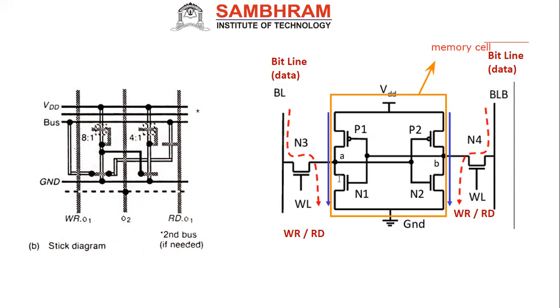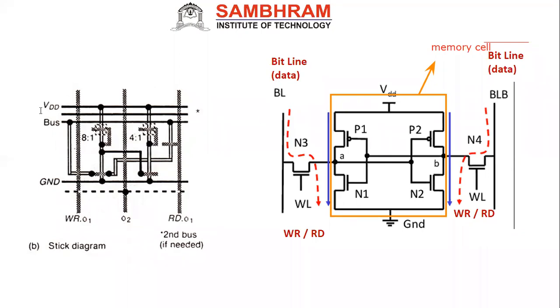So at a time I will get both the Q and the Q bar, because naturally, as I said initially, the static RAM consists of 4 or 6 transistors in the form of flip flops, right? The basic flip flop here is the D flip flop. Normally the D flip flop will have the output as Q and Q bar. That is why I am saying the data is in the bit line as well as the bit line bar.